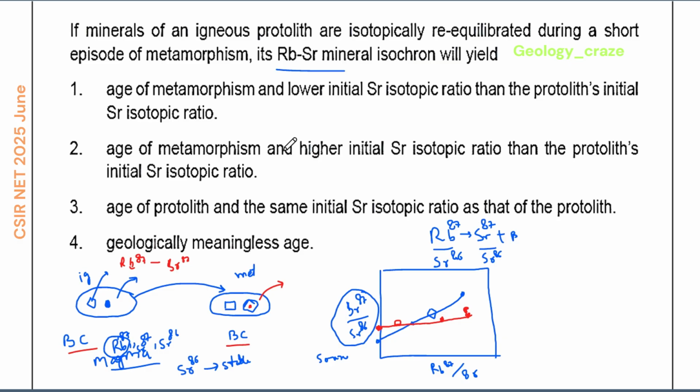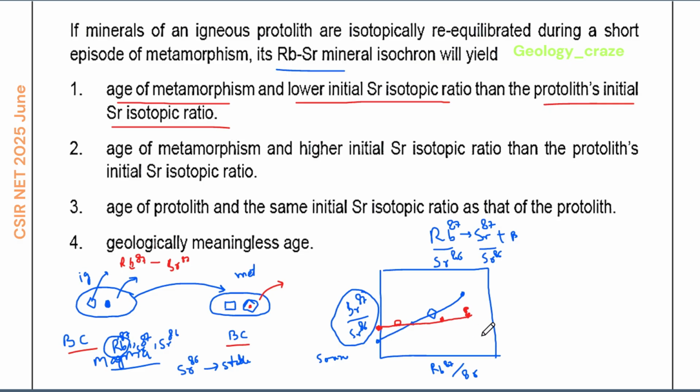Now in the first option they are asking about the age of metamorphism. This Rb-Sr mineral isochron will yield the age of metamorphism, and a low initial Sr isotope ratio than the protolith initial Sr ratio.